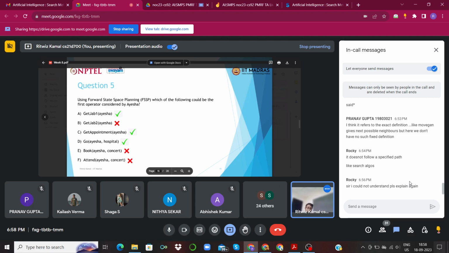Given the three facts about Aisha in the initial state, Aisha could either use the get jab operator to get the first dose of vaccine, or she could get an appointment at the hospital. Again, this would be a redundant action on her part. It wouldn't make sense for her to get an appointment when she already has one.